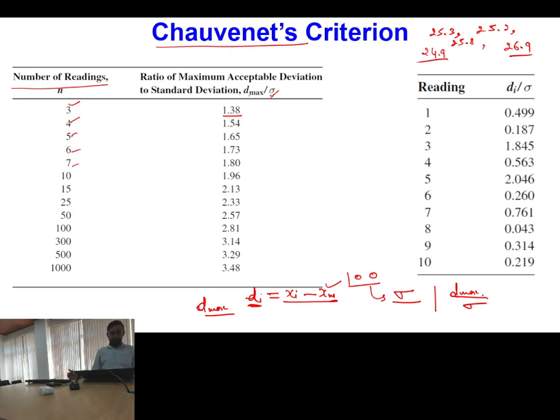One simple example is given here. You have 10 measurements, and for these 10 measurements the value of di by sigma is given. Out of these values of di by sigma, the maximum dmax by sigma is 2.046. Now if you check for 10 measurements, the specified value is 1.96.